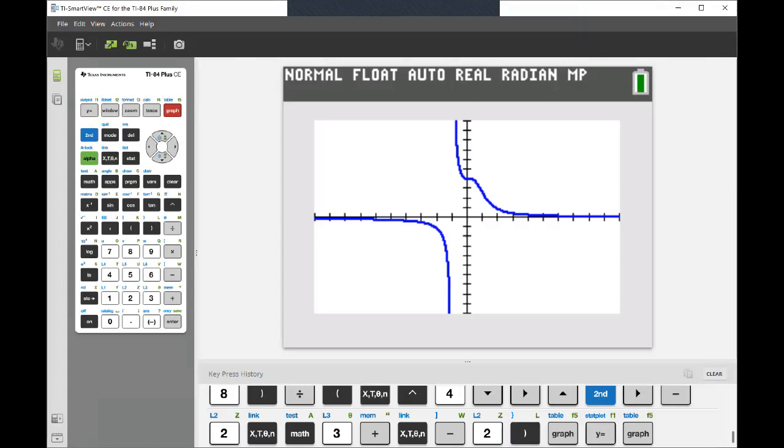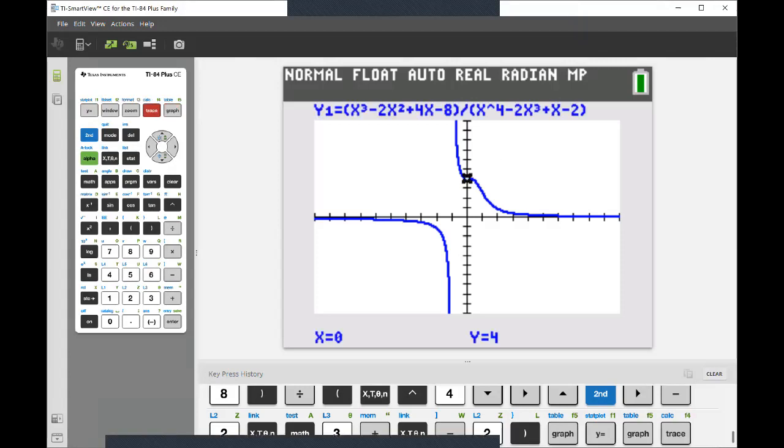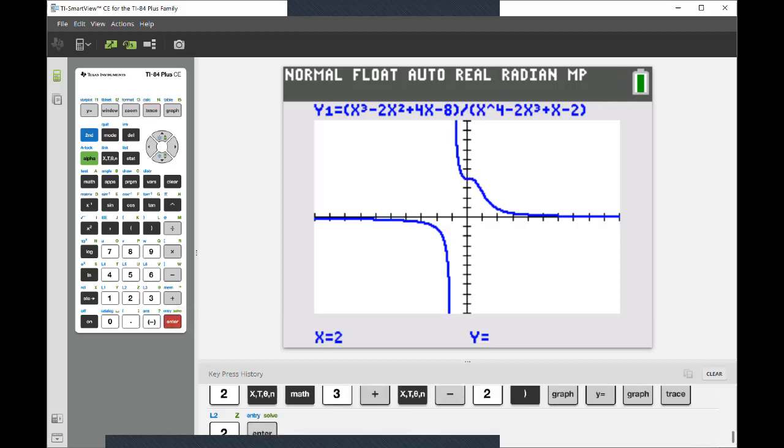Your calculator has this great feature called trace. And if I press trace and then enter my x value, so it's as x approaches 2, oh, and it's undefined. That's why they did it that way. Okay. That's okay.